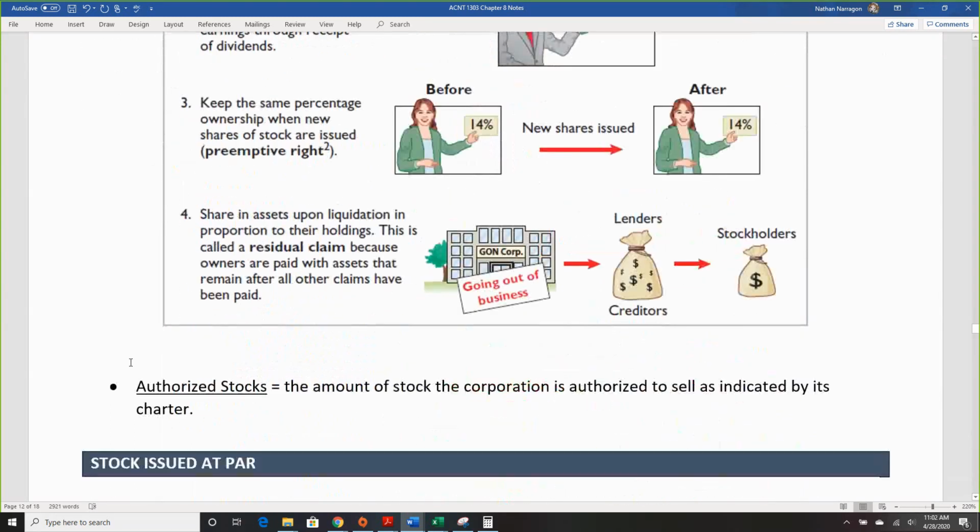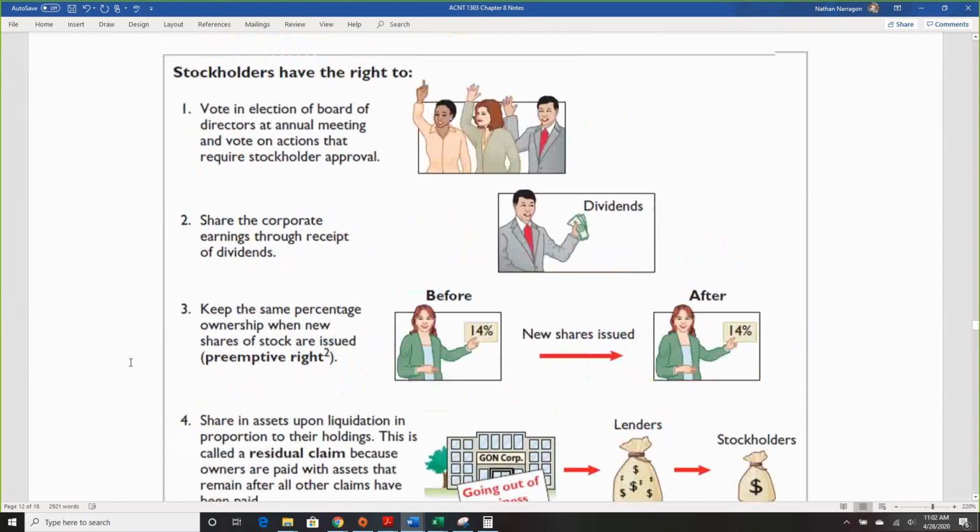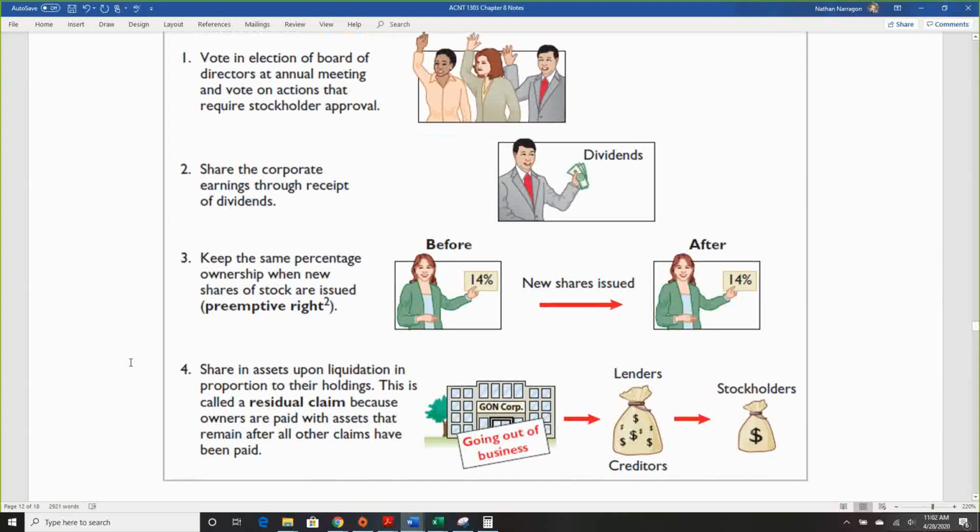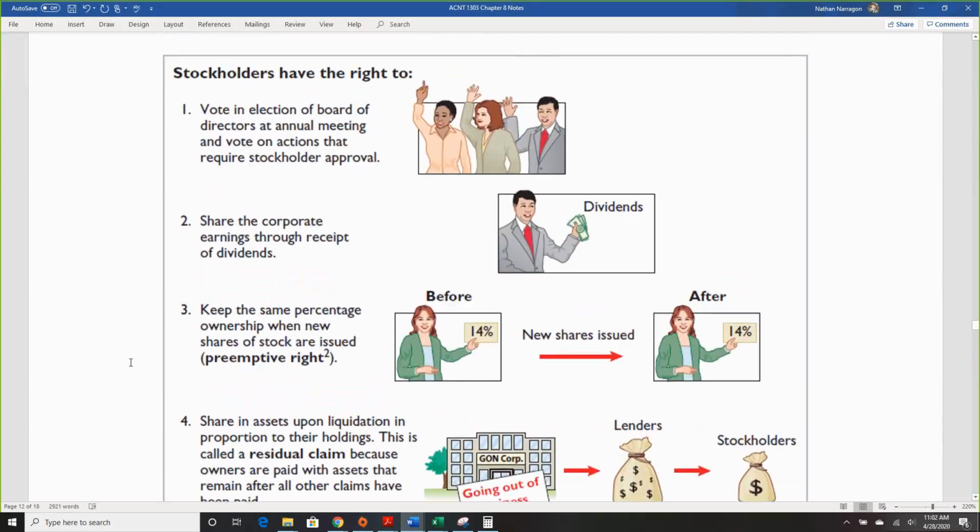So, very quick on the graphics. Basically, a common stockholder will have the right to vote. And they get to vote on the board of directors.